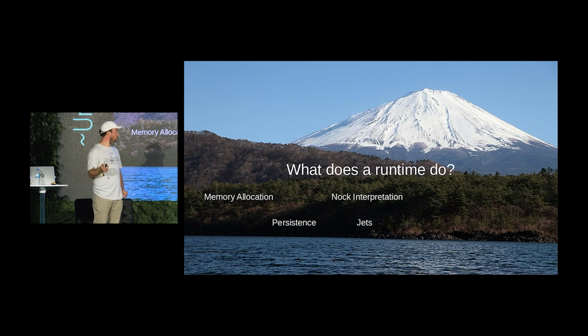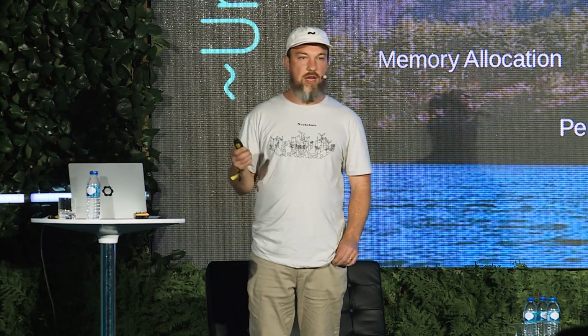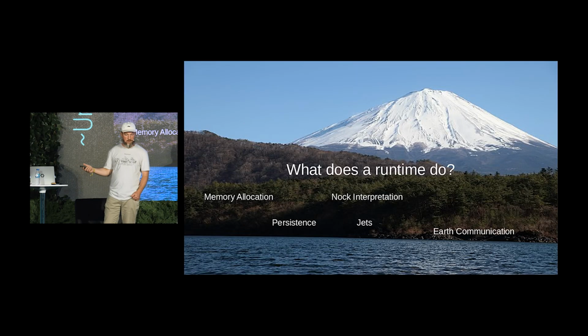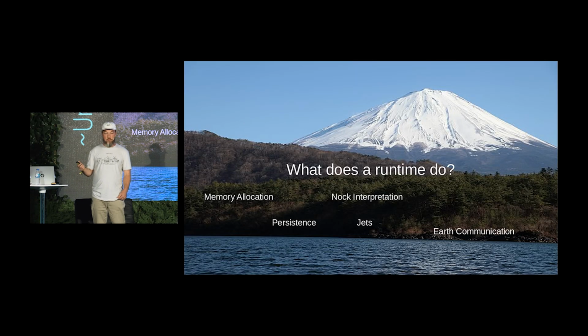You need some kind of persistent store. You want to be able to shut your Urbit off, walk away from it, come back to it later, turn it back on, and pick up where you left off. That's a key part of the story for Urbit, but that means that you actually need to be able to deliver really robust persistence. And you need to be able to talk to Earth.